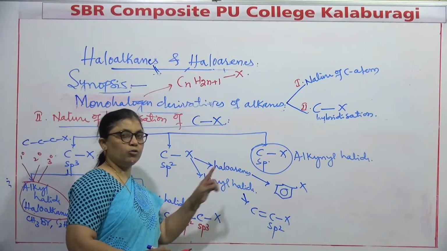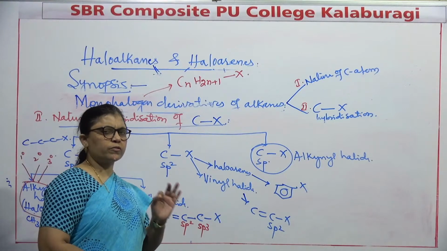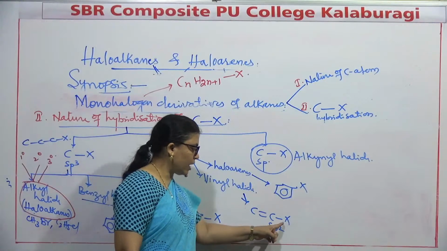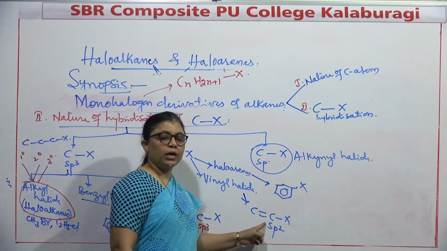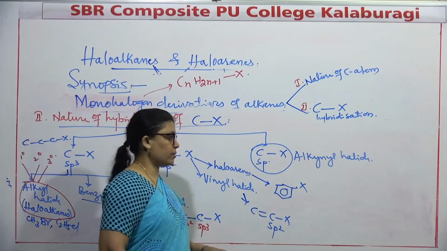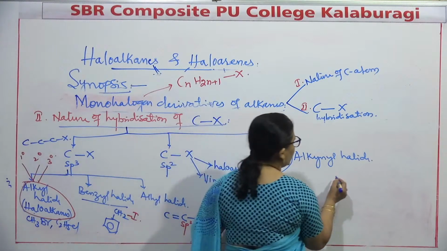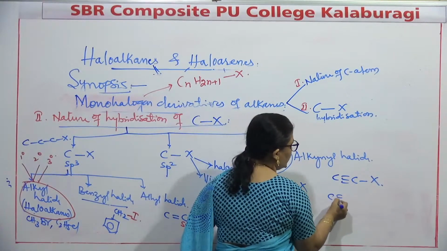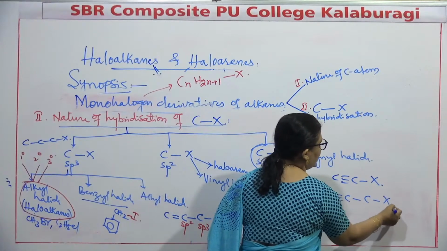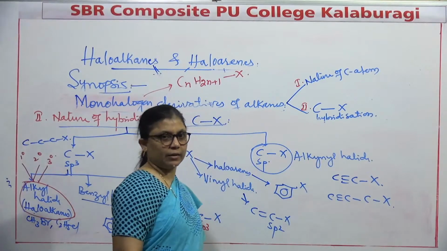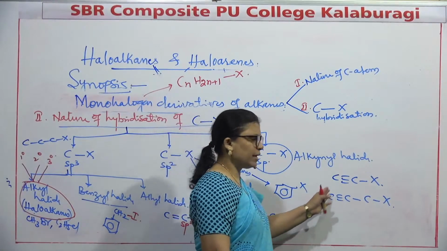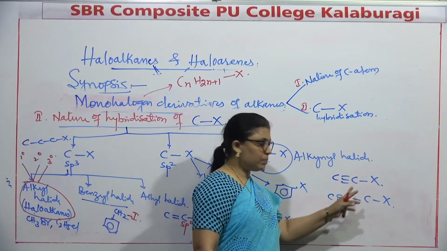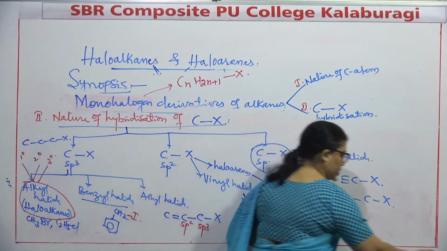Do you know, children? Vinyl halide and haloarene have almost similar properties, because in both cases the halide group is directly linked to an sp2 hybridized carbon atom. In the other case, the halide group is linked to an sp hybridized carbon atom, maybe directly, maybe indirectly.